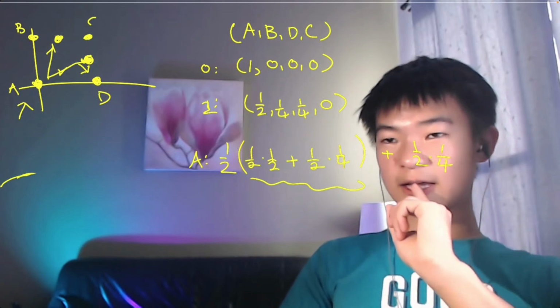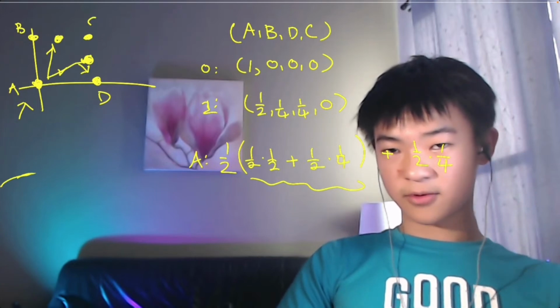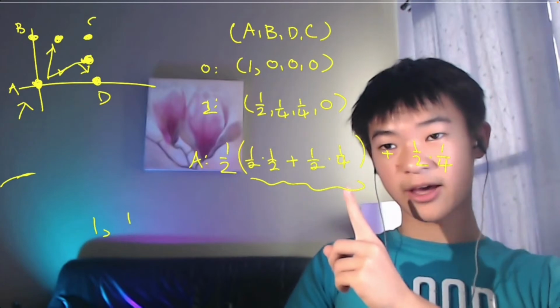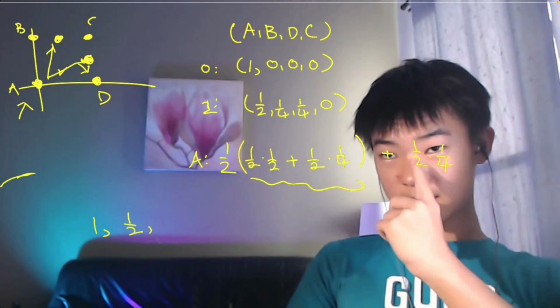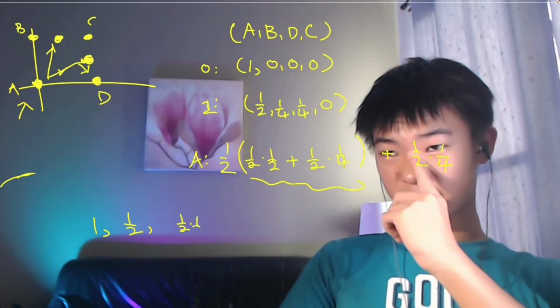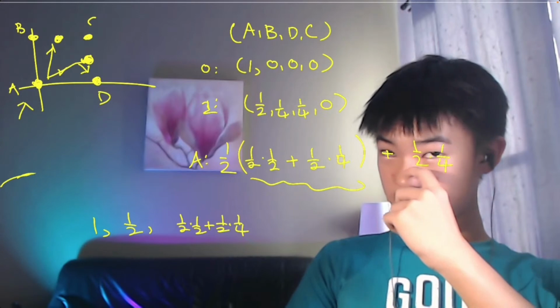So on move 0, we have a 100% chance you're at A. On move 2, it becomes 1/2. And then on move 3, it becomes 1/2 times 1/2 plus 1/2 times 1/4, if I'm not mistaken.